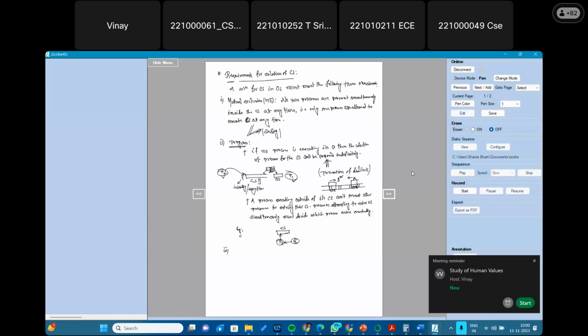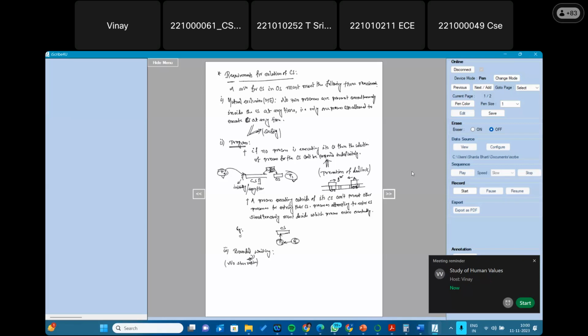Okay, now the third property is called bounded waiting. Bounded waiting in other terms is also called no starvation. Some books write no starvation, but mostly we use bounded waiting.